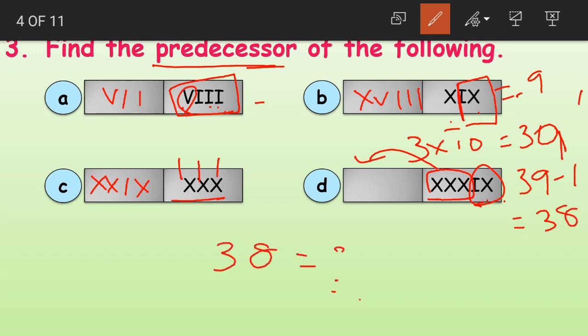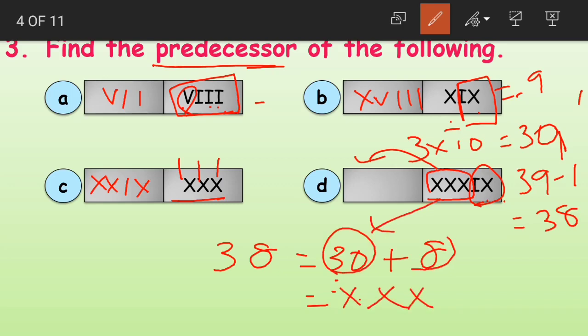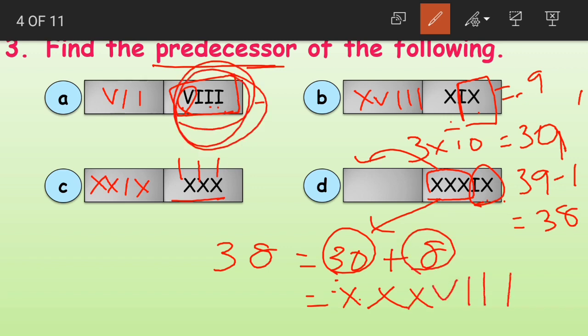First, write the expanded form, 30 plus 8. 30 in Roman symbols would be, as we have in the question itself, XXX. Now, how do we write 8? As we saw here, 8 means VIII. 5 plus 1 plus 1 plus 1: 6, 7, 8. VIII is equal to 8.